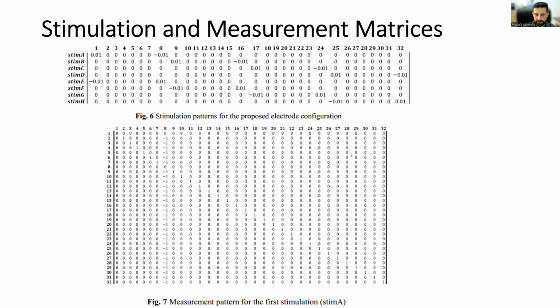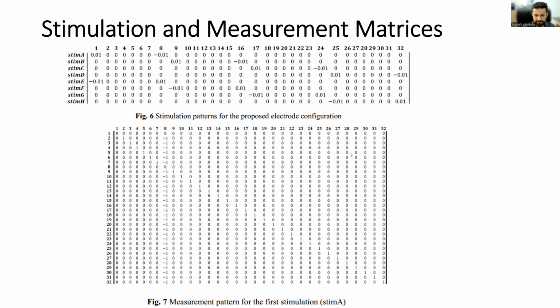The current stimulation matrix is presented in figure 6, this one. In this matrix, stimulation A, stimulation B, as stim A, stim B, and up to stim H represents the individual stimulation configuration, while the numbers from 1 to 32 correspond to the electrode labels.